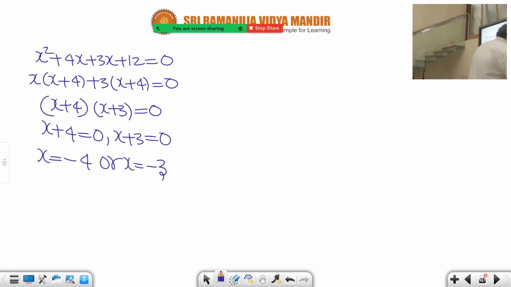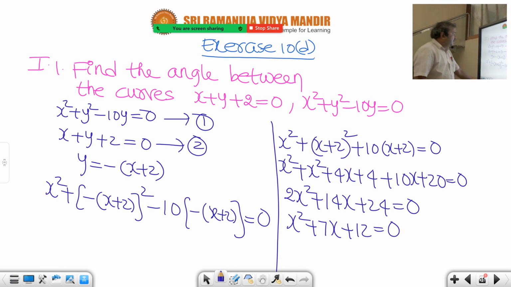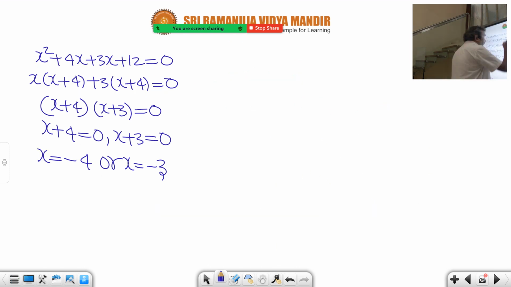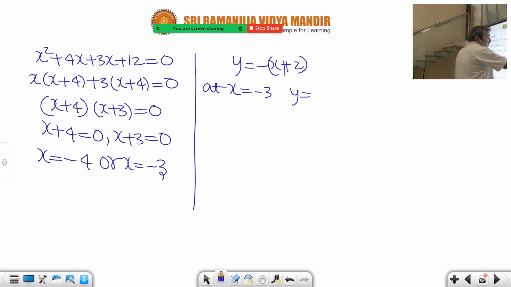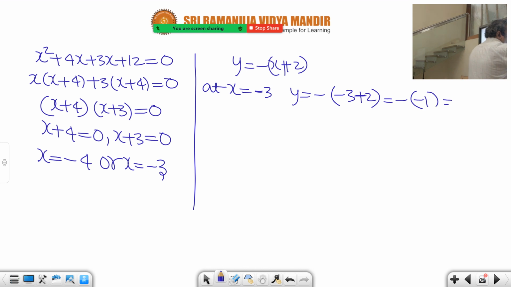Now, moving to the previous slide, y is equal to minus of x plus 2. Here, y is equal to minus of x plus 2 at x is equal to minus 4 or at x is equal to minus 3, right? y is equal to minus of 3 plus 2, and it is minus of minus 1, and it is 1, right?